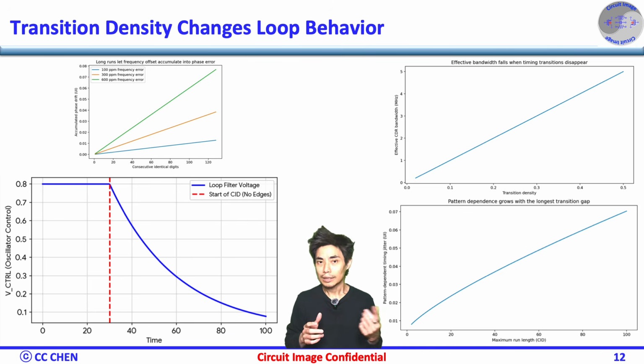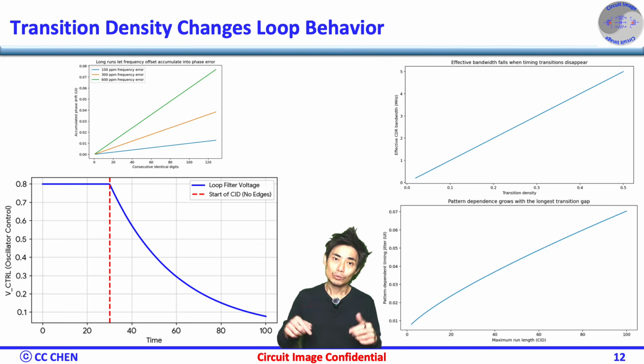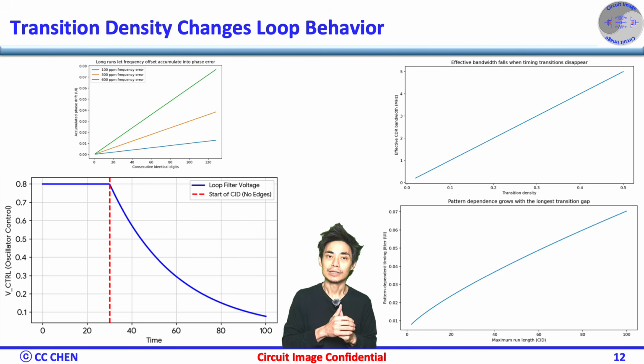Some hold the charge pump state. Some freeze the update. But in all cases, transition density affects loop behavior. If there are too many missing transitions, the effective bandwidth drops. The loop can drift. The loop filter voltage can droop. The VCO can move away from the lock frequency.